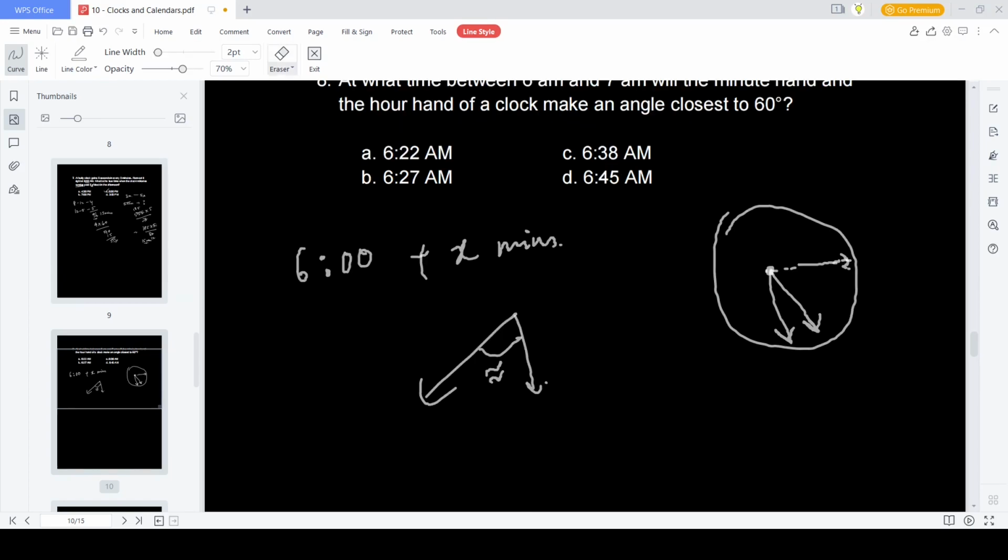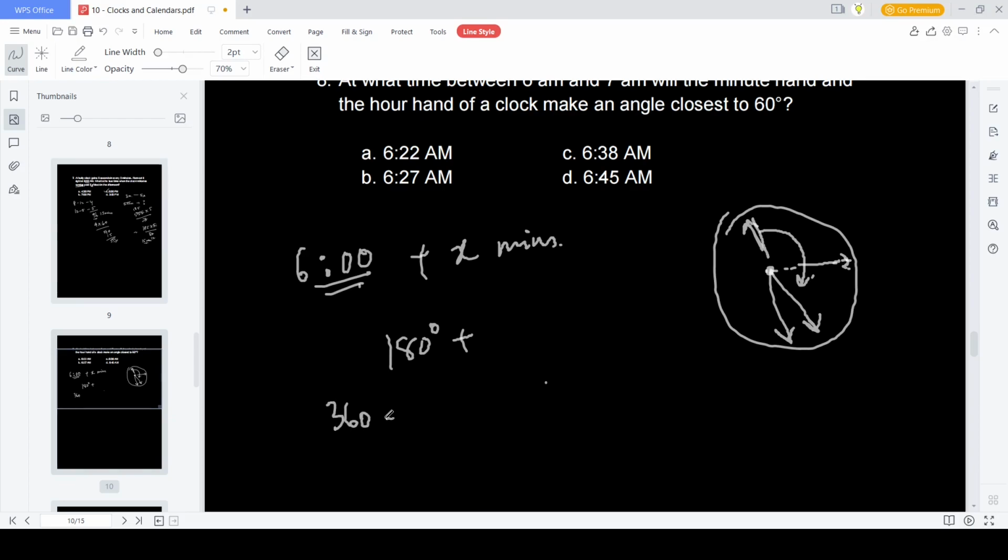Okay, so with this setup, let's find out the angle moved by the hour hand. Okay, from here to here, that means from 12 o'clock to 6 o'clock, how much has it moved? So from 12 to 6, we know that the hour hand has moved 180 degrees, correct? Plus, in x minutes, how much has it moved? See, 360 degrees is moved in 12 hours.